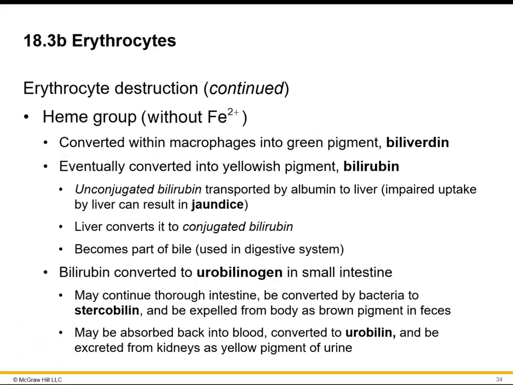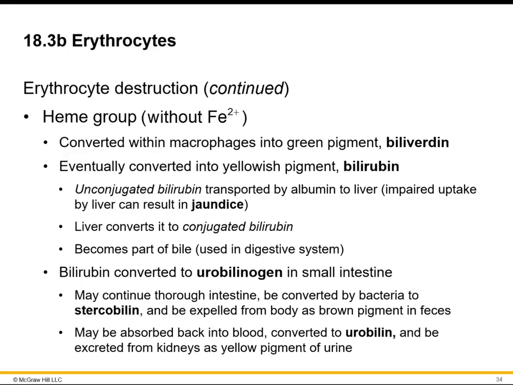Biliverdin then gets converted into bilirubin, which has a yellow pigment. At this point, it is unconjugated bilirubin, and so it's going to be transported to the liver by albumin. The liver converts it to conjugated bilirubin, and it's conjugated bilirubin that becomes part of the bile, and bile is used in digestion.